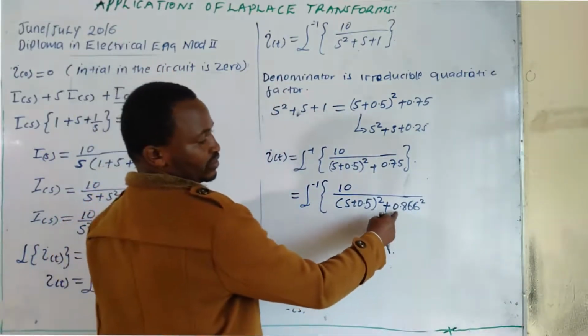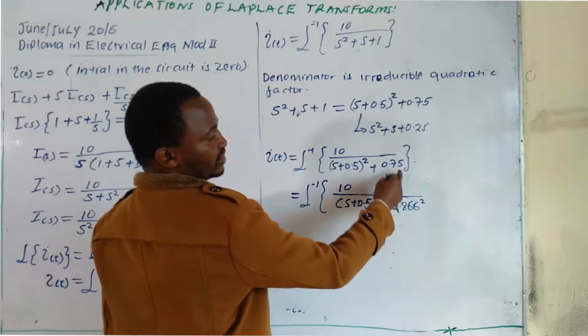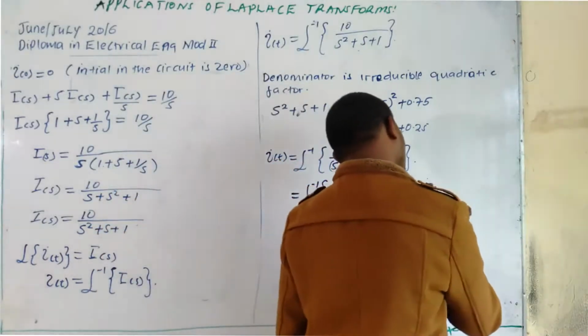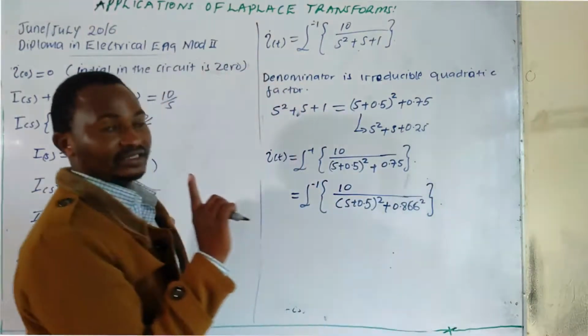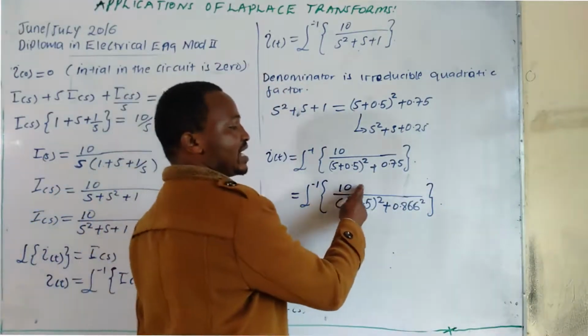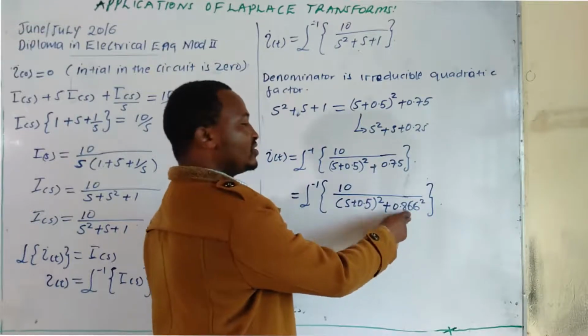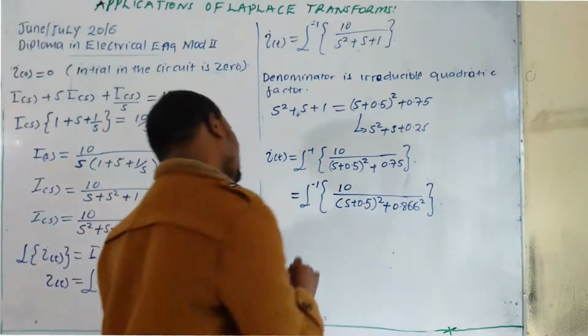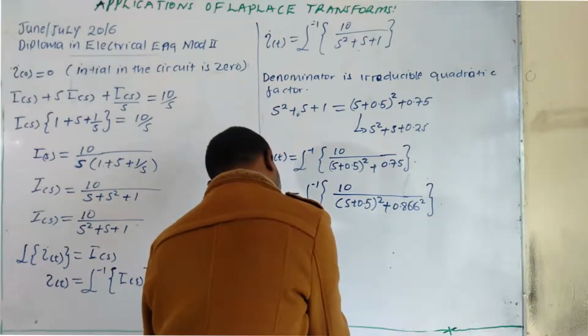If you square 0.866, you get 0.75. But remember for sine, we have an a in the numerator and an a squared in the denominator. So it still does not appear like it is sine. But if you take a closer look, actually it will be a sine.